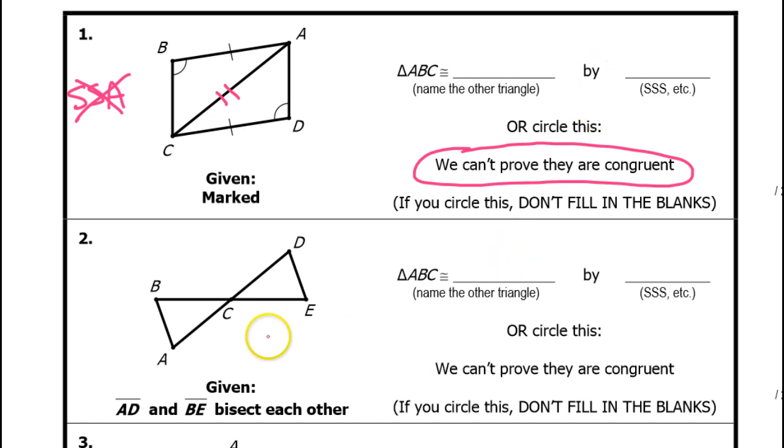So looking at problem number 2, we're given that segment AD and BE bisect each other. That means that they cut each other in half. So that means that AC will be congruent to CD and BC will be congruent to CE. In addition to that, we can know that the vertical angles here are also congruent.